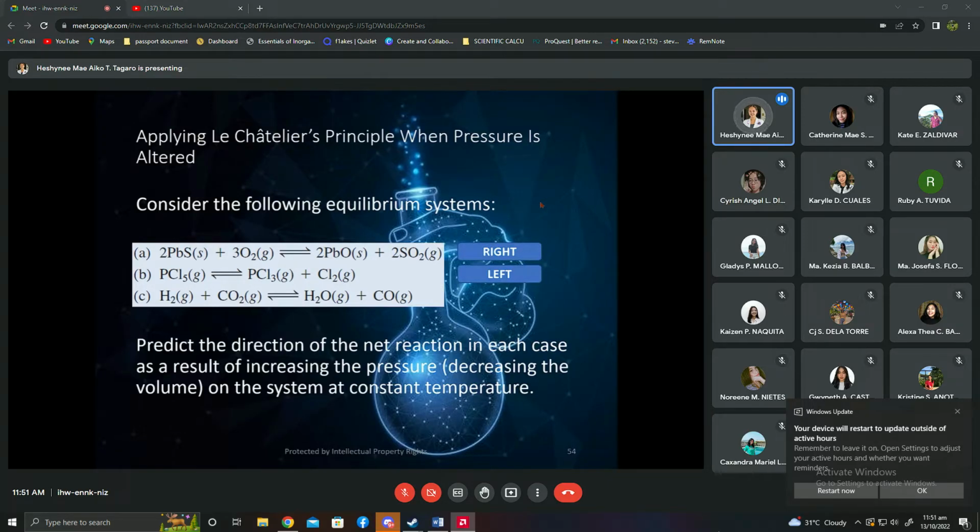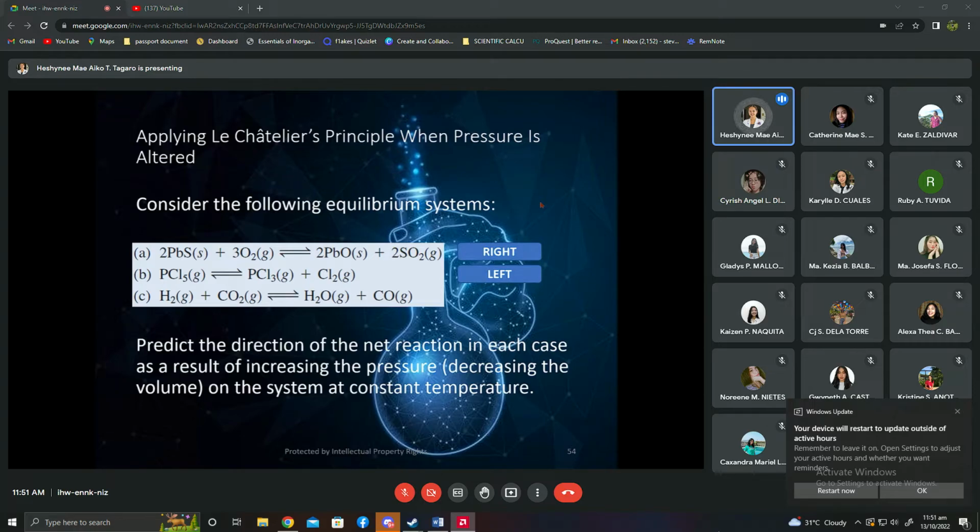What does this tell us? The question is, is the system at equilibrium, yes or no? Very good.